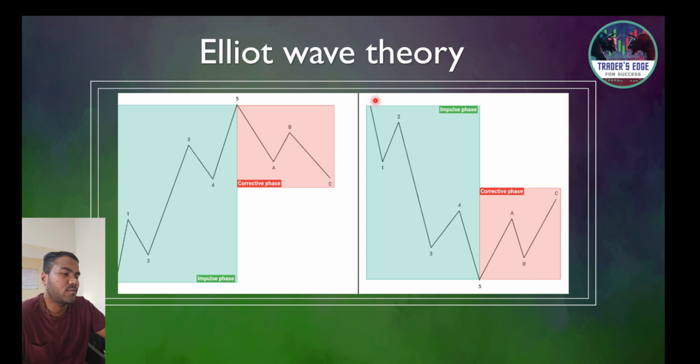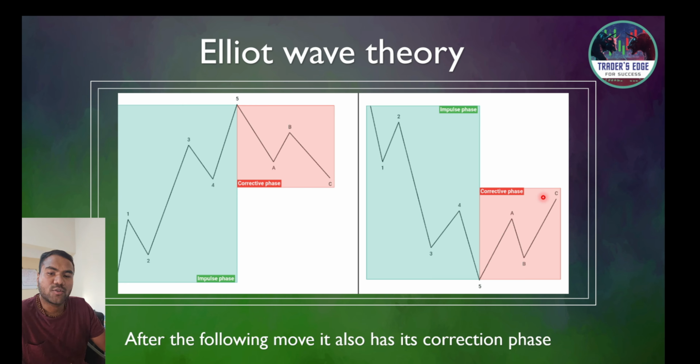The same goes for a downtrend: after waves 1, 2, 3, 4, 5, it will have its corrective phase as A, B and C. So this is typically the movement of price as per Elliott Wave theory.